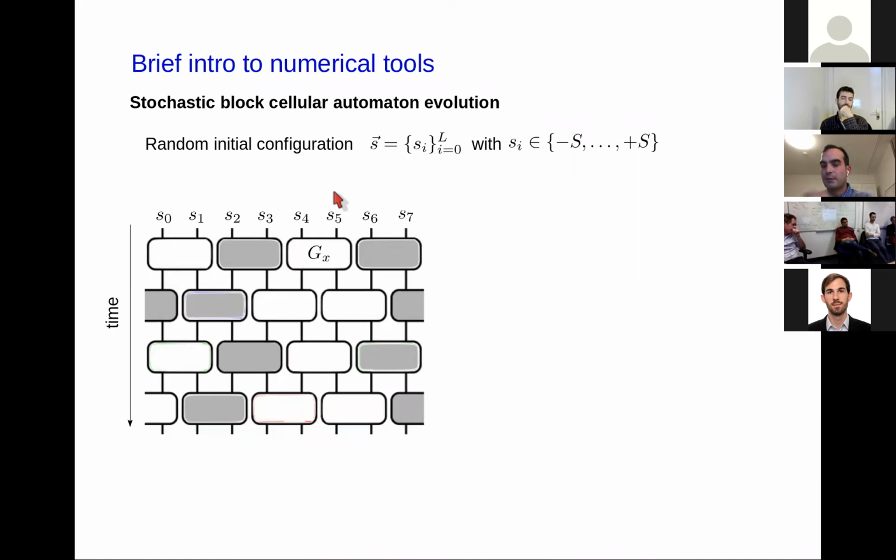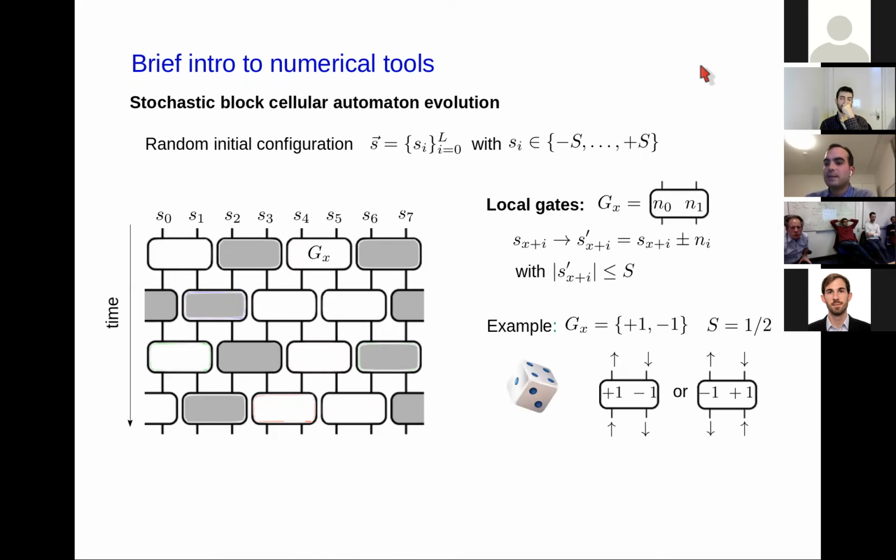For those who are more familiar with quantum circuits, this is like a particular case where we are mapping the string states in the set basis to states in the set basis, and we will take a random average over random initial configurations. So what we need to then specify are the local gates.